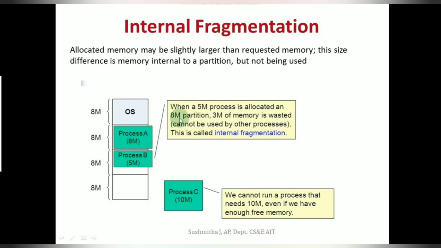So I have an 8 MB partition, I am allocating 5 MB, so 3 MB is wasted. That is the internal fragmentation. Every process is allocated some memory, and in that allocation the process is not able to completely use it. There is some chunk of memory that is wasted.